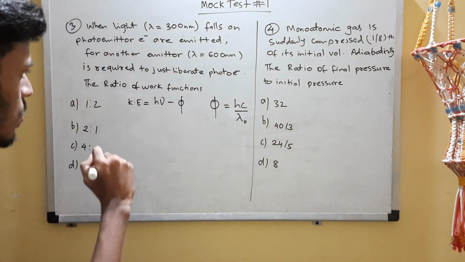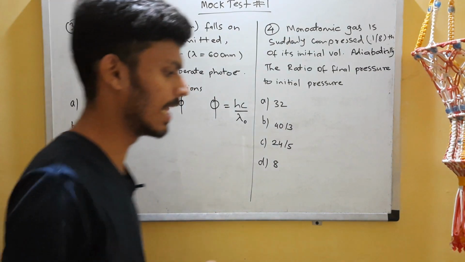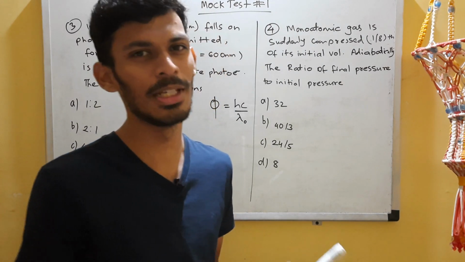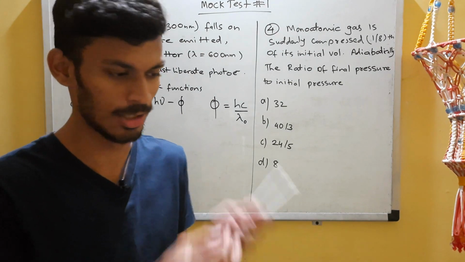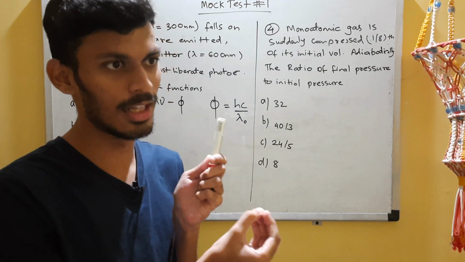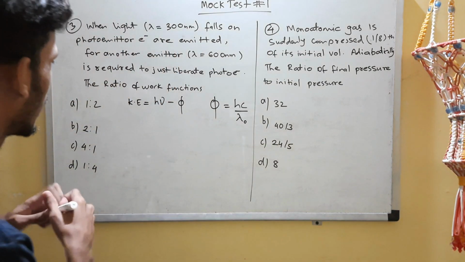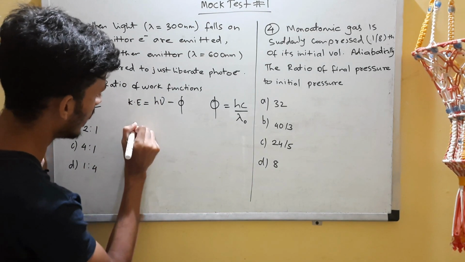In the case where the electrons are just emitted, they are emitted with zero velocity or zero kinetic energy. So in that case, kinetic energy is zero.